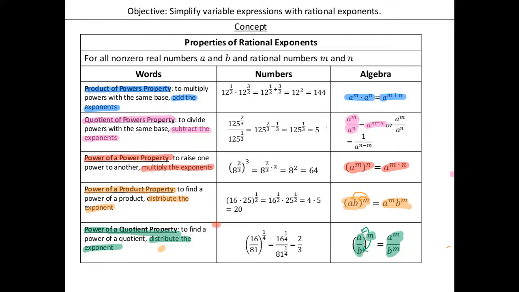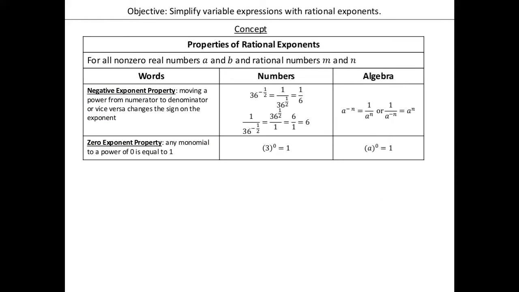Okay. Then I also have the negative exponent rule. The negative exponent property is basically saying moving a power from numerator to denominator is going to change the sign on the exponent. So if I ever have a negative exponent, a to the negative n, I can make this a over 1.